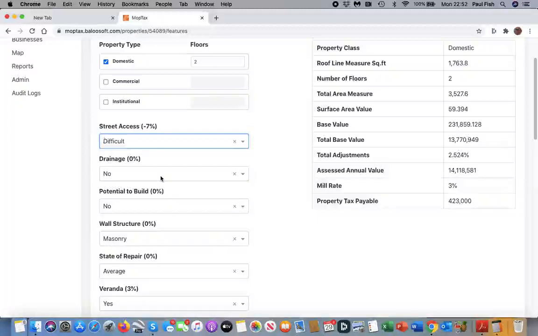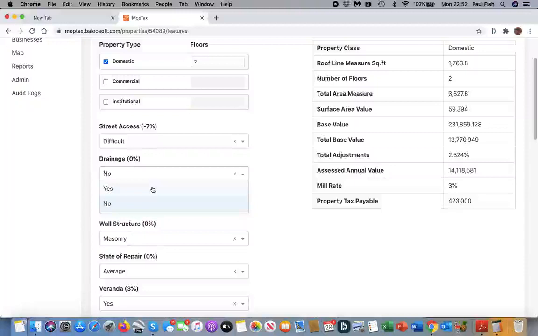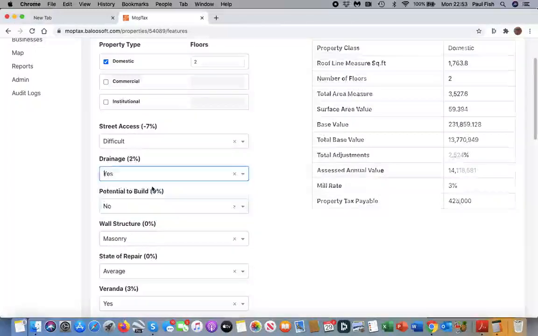Similarly, let's say there was drainage on the streets. At Lady Hall Street, there are no drains, but let's see if there were drains there, then that would make the adjustment 2% more. So the adjustment is reaching 4.57% in that instance. Let's change that back to what it was.